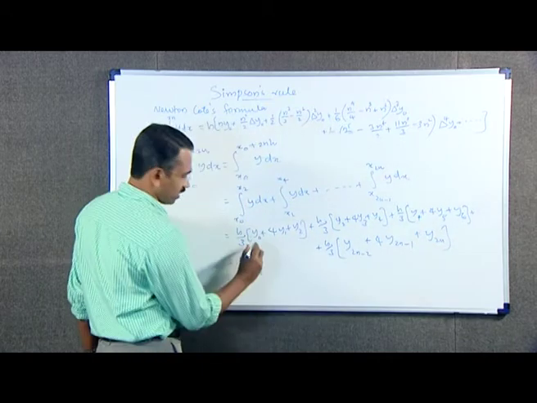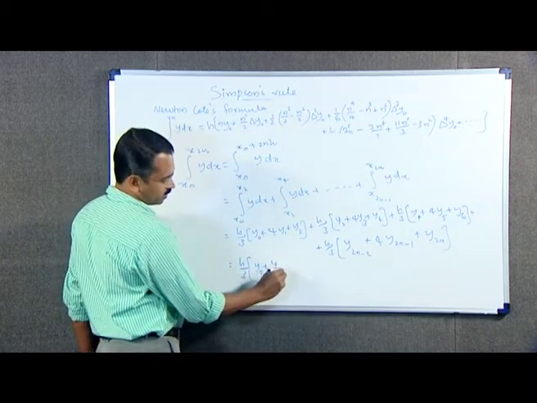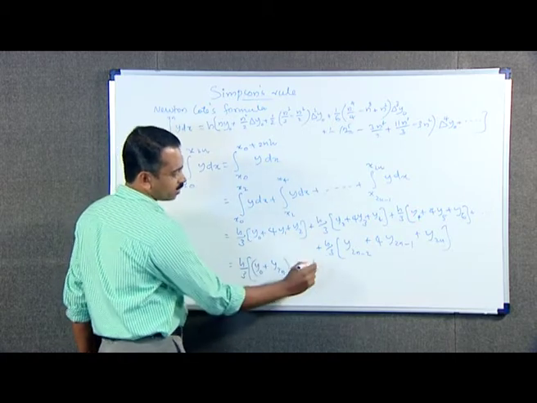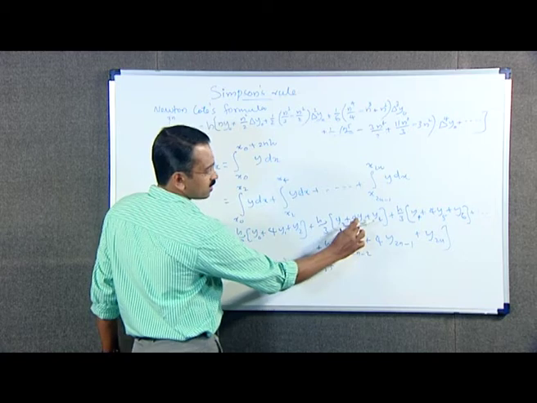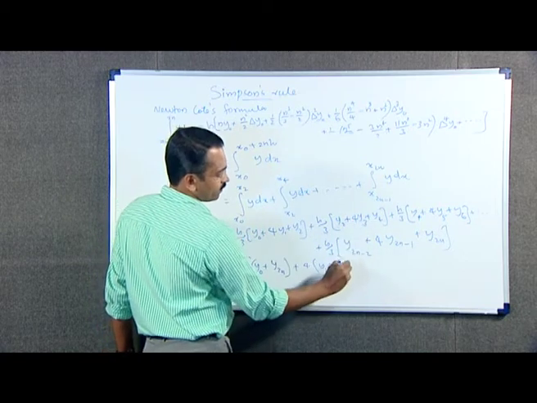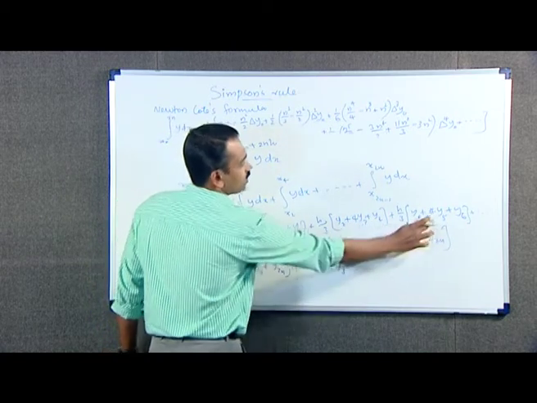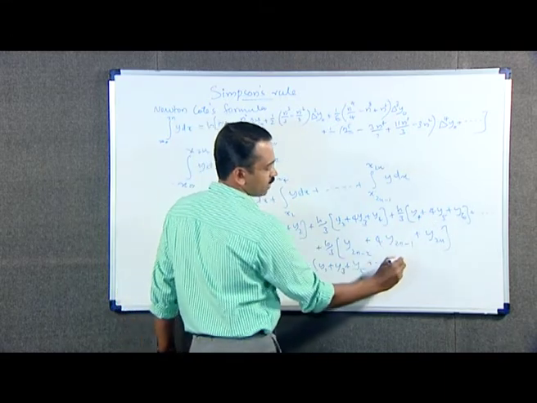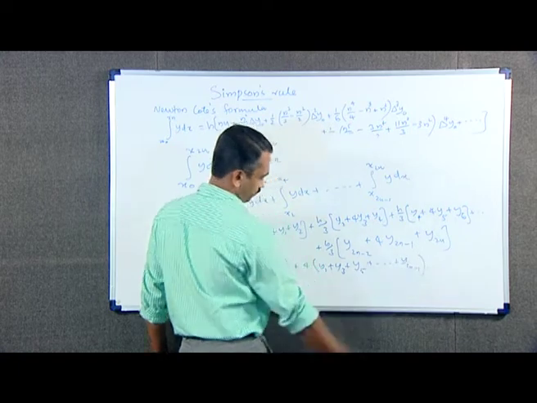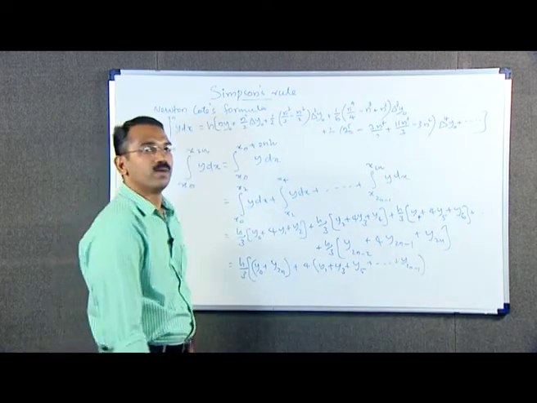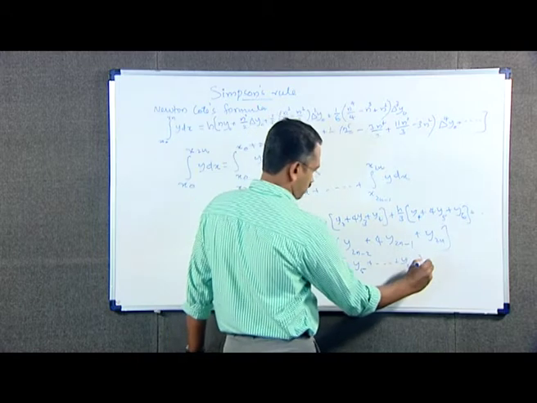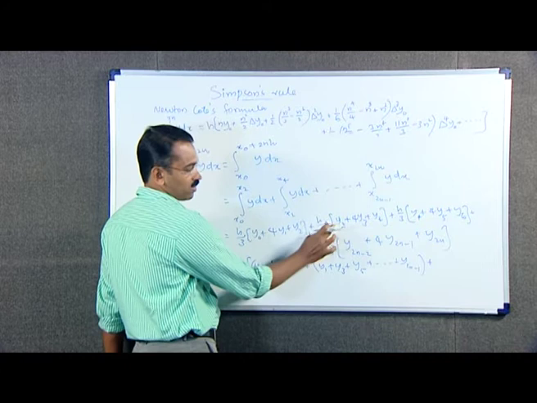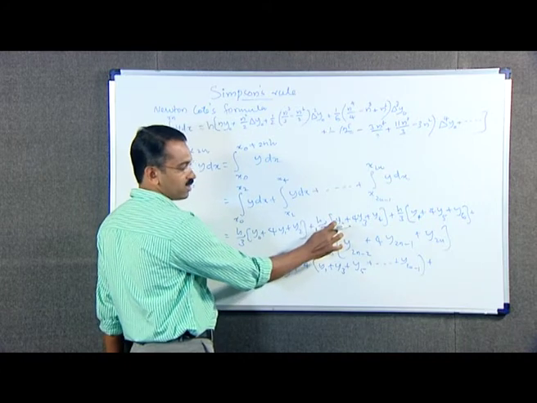Therefore, we can write (y0 plus y2n) plus 4 times (y1 plus y3 plus y5 plus etc. plus y2n minus 1) plus, y2 is here and in this term also y2 is contained.